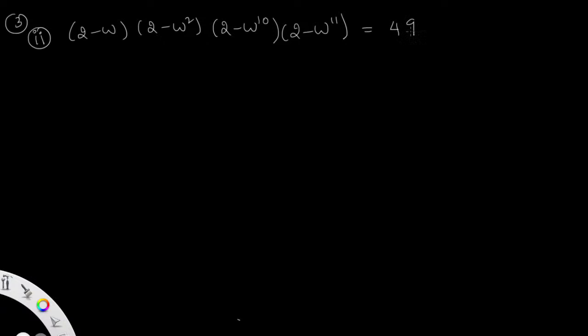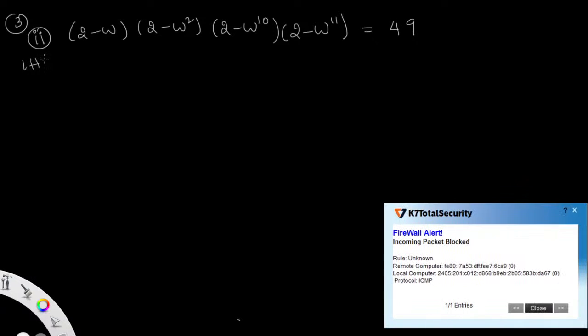We have to prove that it becomes 49. So now take the LHS: 2 minus omega into 2 minus omega square into 2 minus omega power 10 into 2 minus omega power 11.